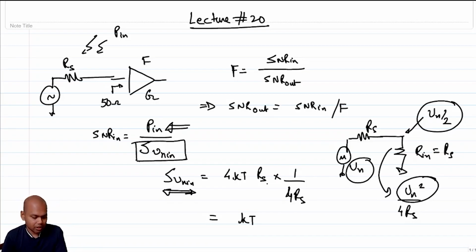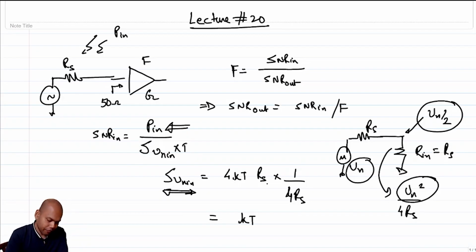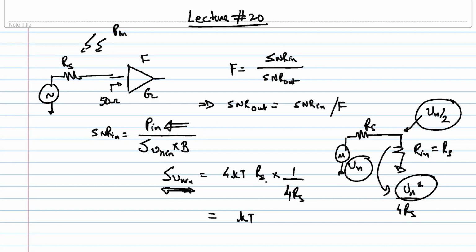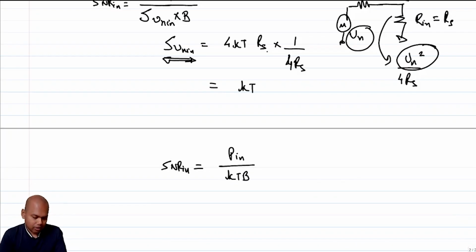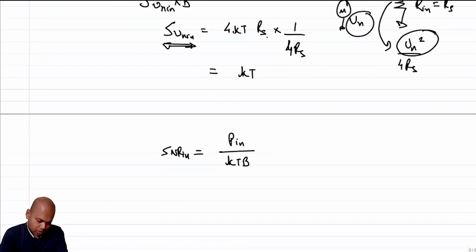If Pin is in watts or milliwatts, the denominator should also be in watts or milliwatts, which means that this should also be multiplied by the effective bandwidth, right. So my SNR in is Pin divided by kT times B, correct? Okay. So what is SNR out?